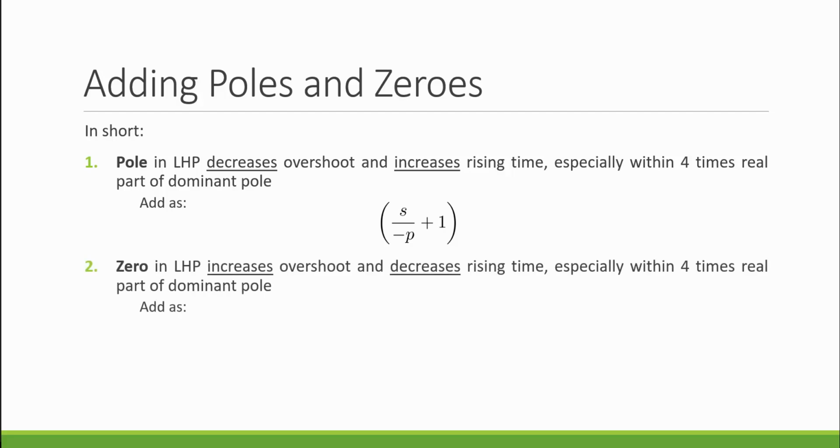And again, in short, a 0 in the left half plane is going to have the opposite effect. It increases our overshoot and decreases rise and peak time, and significantly so if it's within 4 times the real part of our dominant pole. And we'll add zeros in the form of s over negative z plus 1, where z is the 0. We'll see how this affects our systems in a moment.